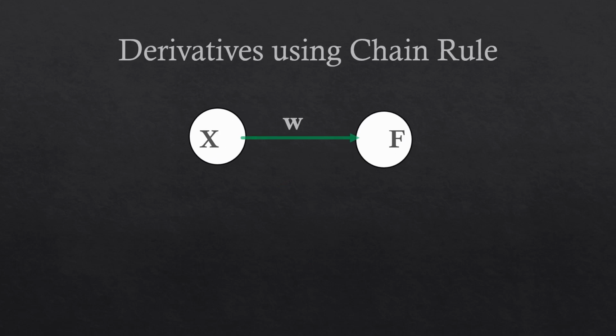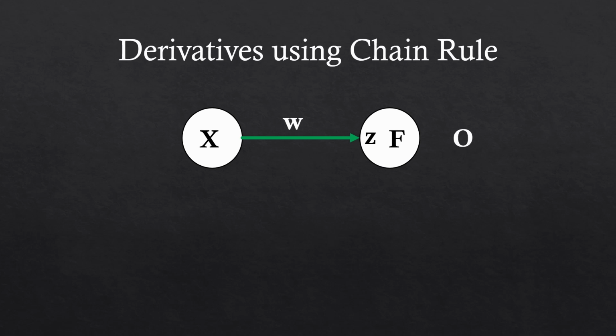Let's use the chain rule in the one input, one output case from before. We'll include an activation function f in this example as well. Assuming that the pre-activated output is z, the model output is O, the expected value is E, and the loss function we are using is the mean squared error, the loss will be (O minus E) squared.